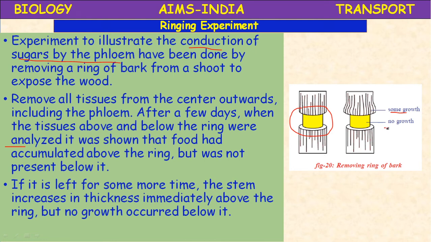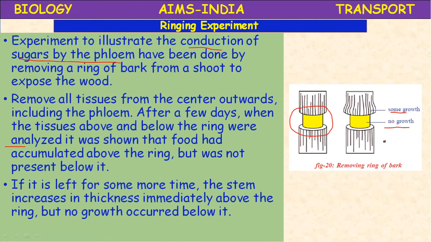Here, no growth. If it is left for some more time, the stem increases in thickness immediately above the ring, but no growth occurs below the ring, because the transport of food materials, called translocation, takes place from the leaves to the remaining parts of the plant, from the upper parts to the lower parts.